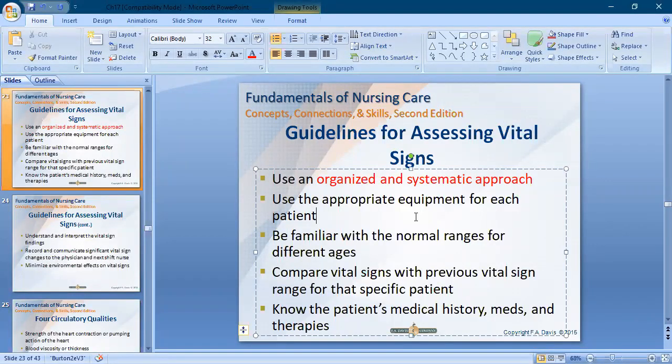Especially with children, if you check the blood pressure first, they think you are going to tie them to the chair, right? And they get anxiety and panic. And if there is anxiety and panic, you will not get an accurate number.